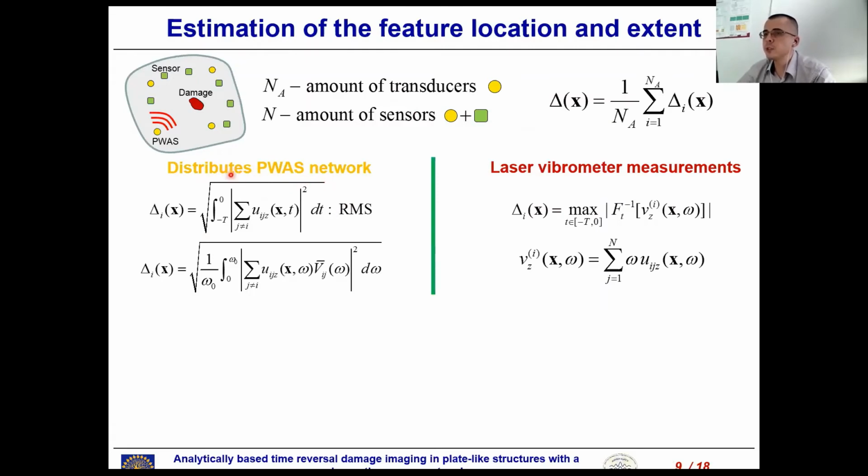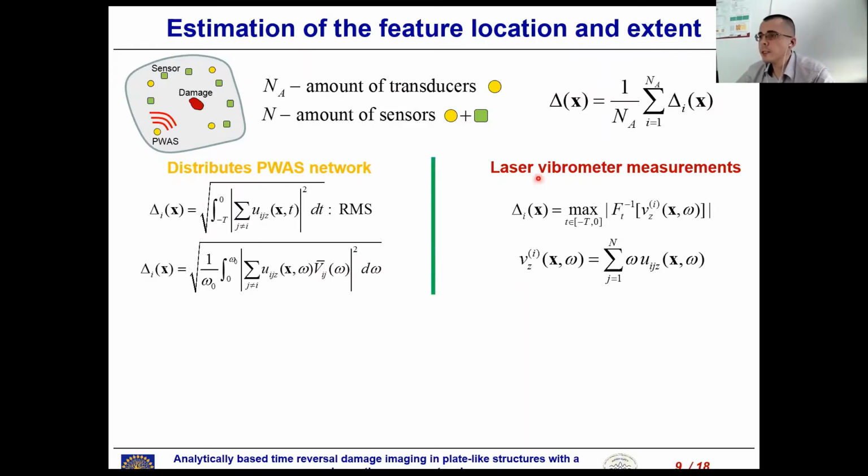If we consider a distributed sensor network, in this case, each term in this sum is taken as the root mean square of the emitted signals. And due to the fact that root mean square can be converted to the frequency domain, we have a lot of savings in computational costs. In this case, this term in the sum is obtained with this formula.